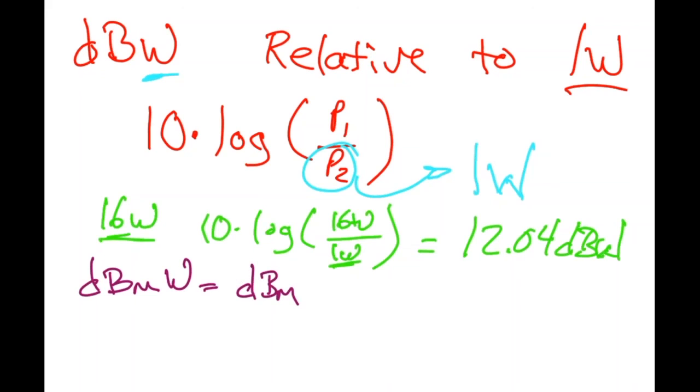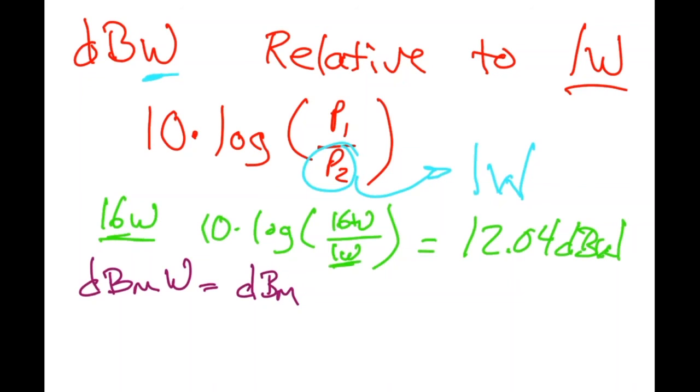The only difference is instead of using 1 watt, you end up using 1 milliwatt. So that's a smaller value. If your initial signal is in milliwatts, you don't need to do anything. Otherwise, you have to remember there's 1,000 milliwatts in a watt, so you just have a little bit of conversion there. So it's the same idea.